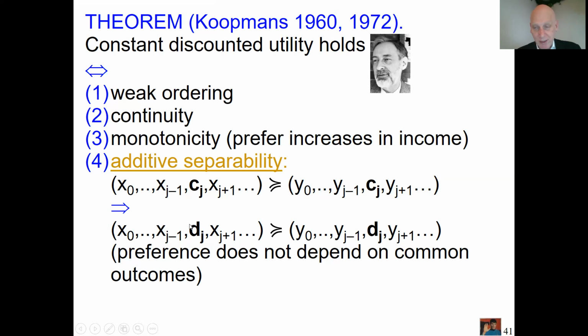That means you don't even look at Dj. But then if you're not looking at Dj or Cj anyhow, what remains on the other time points is the same above and below. So if you have the mentality of ignoring common outcomes, the upper preference should be the same as the lower preference. If you ignore common outcomes, it should not matter what the common outcome is.